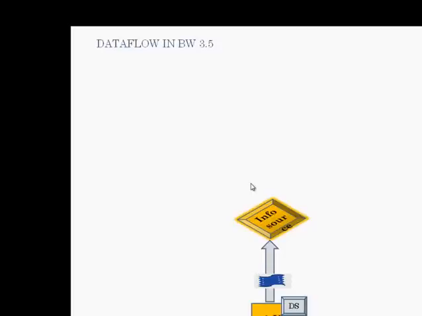You can directly load data from a data source to a data target. So here the InfoSource doesn't hold the data, but it holds the structure, and it acts as an intermediary object.